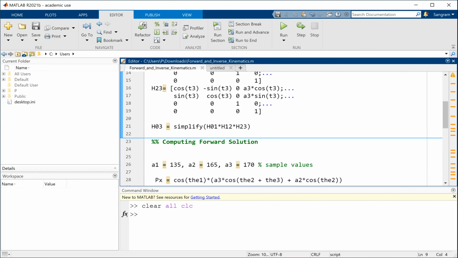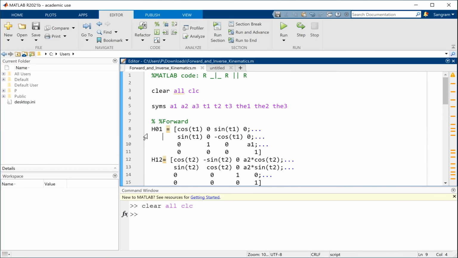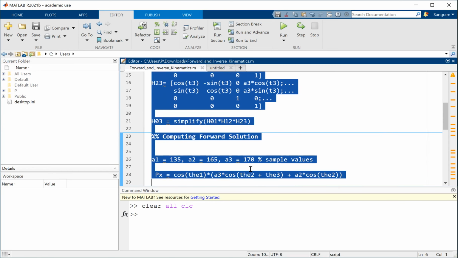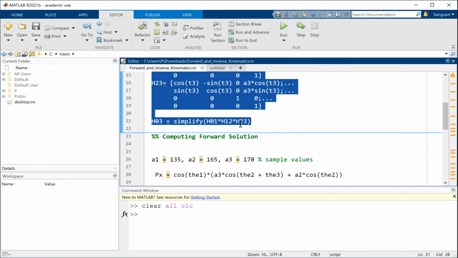And I'm sure there will be somebody who says, I'm so brilliant that I will remember everything at the end of the class. So now I'm going to run the second code, this entire code from here to here. And at the end, I'm going to get 0H3.